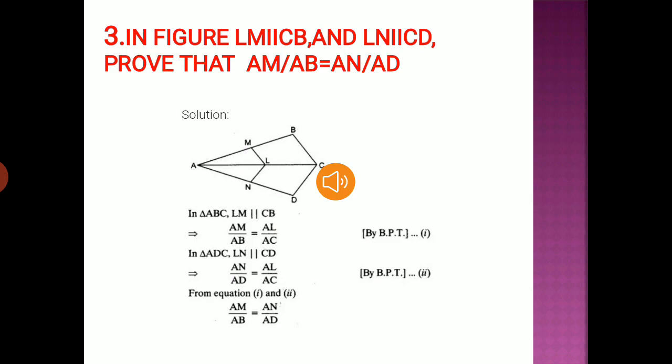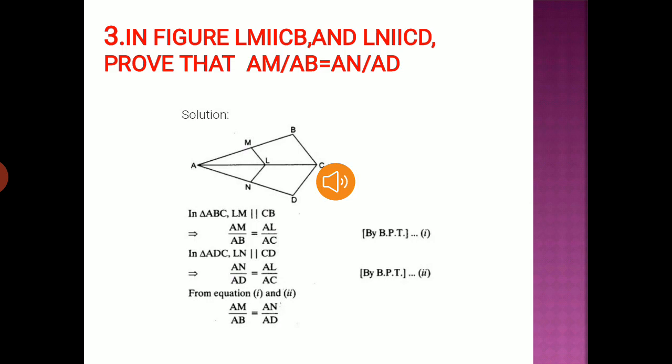In triangle ABC, LM is parallel to BC, therefore AM by AB is equal to AL by AC. Call it equation 1. Similarly, in triangle ADC, AN by AD is equal to AL by AC. Call it as equation 2.